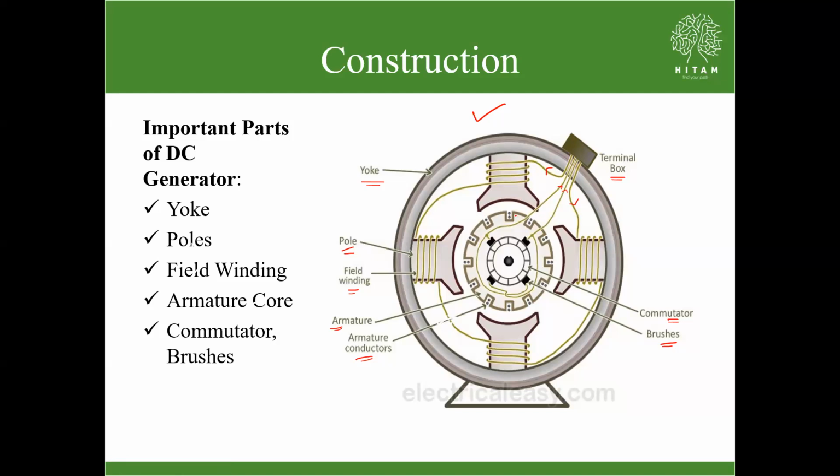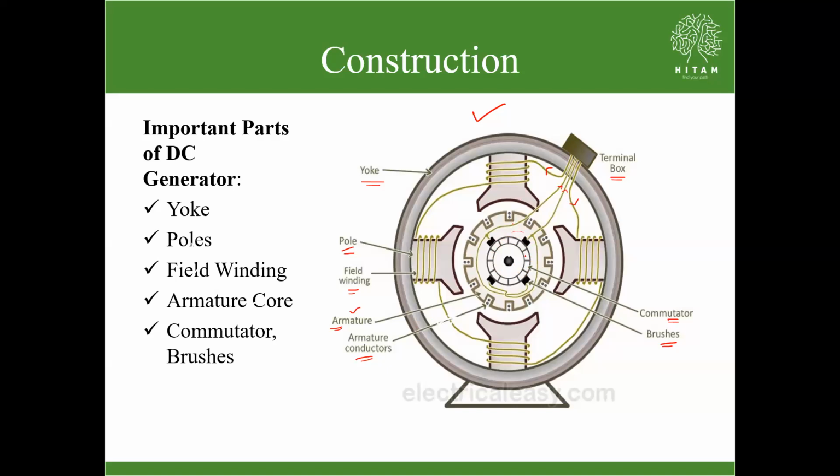This internal cylindrical shape we call the armature. Very important: that is your rotor part, the rotating part where the conductors are placed in the slots. Those conductors placed in the armature slots are called armature conductors. Internally, they are connected with the commutator.